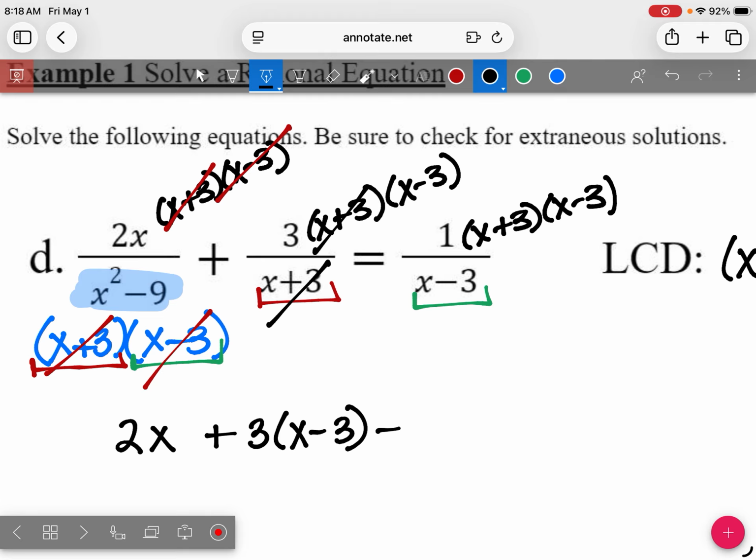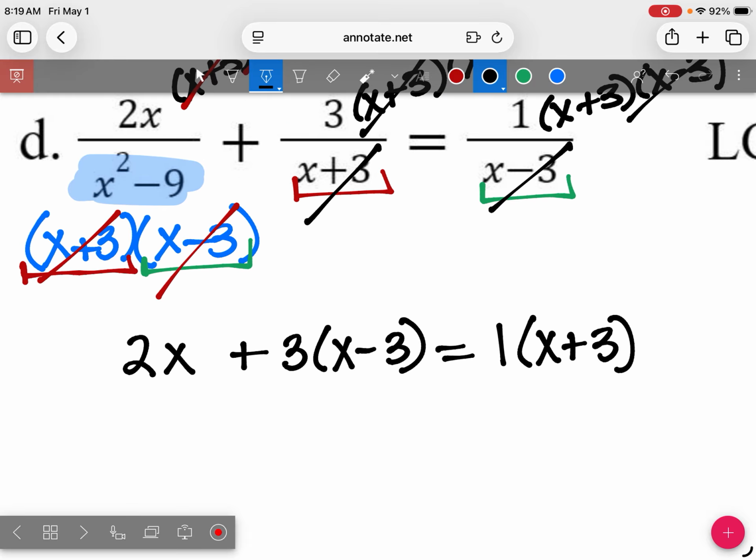Bring down the equal sign. And x minus 3 goes away. Now we just rewrote the equation. And now we don't have a denominator. Second step is to distribute. Have to get rid of our parentheses.